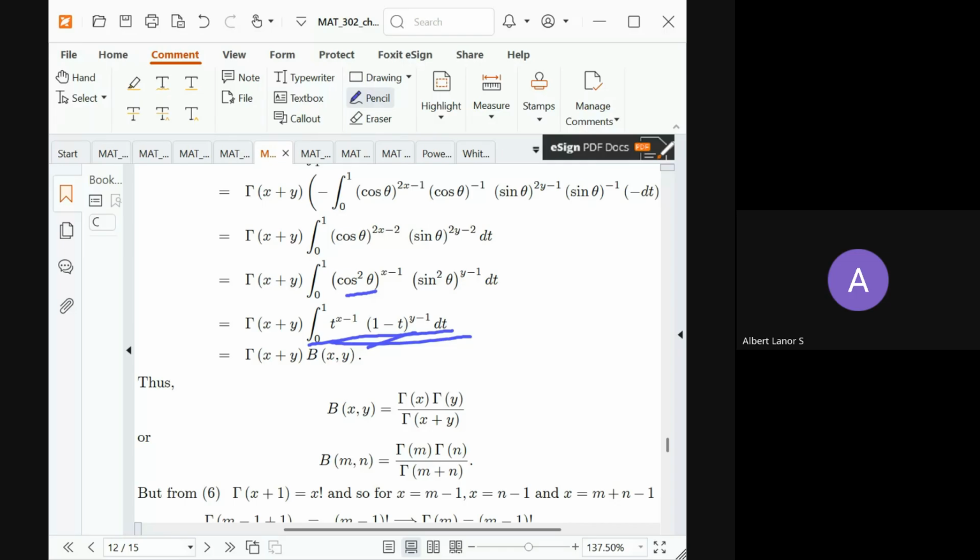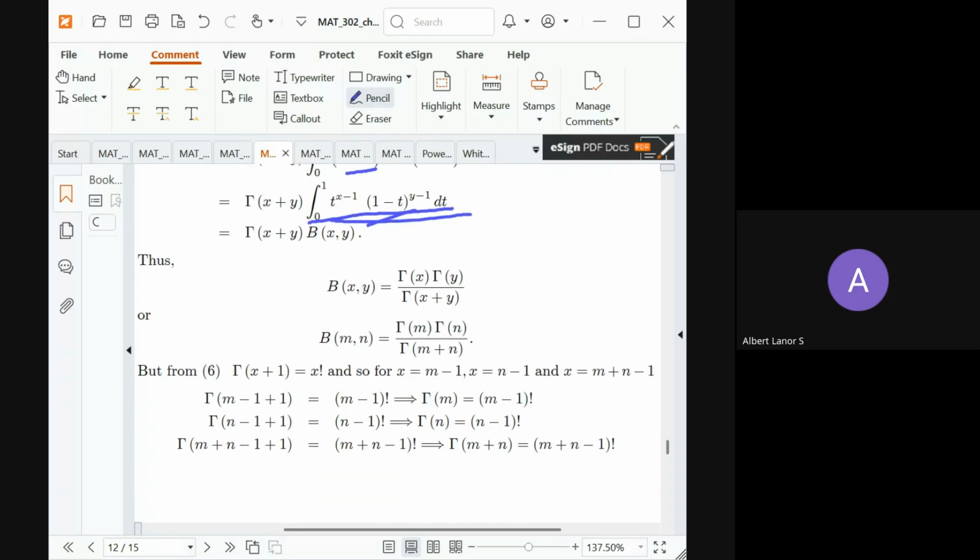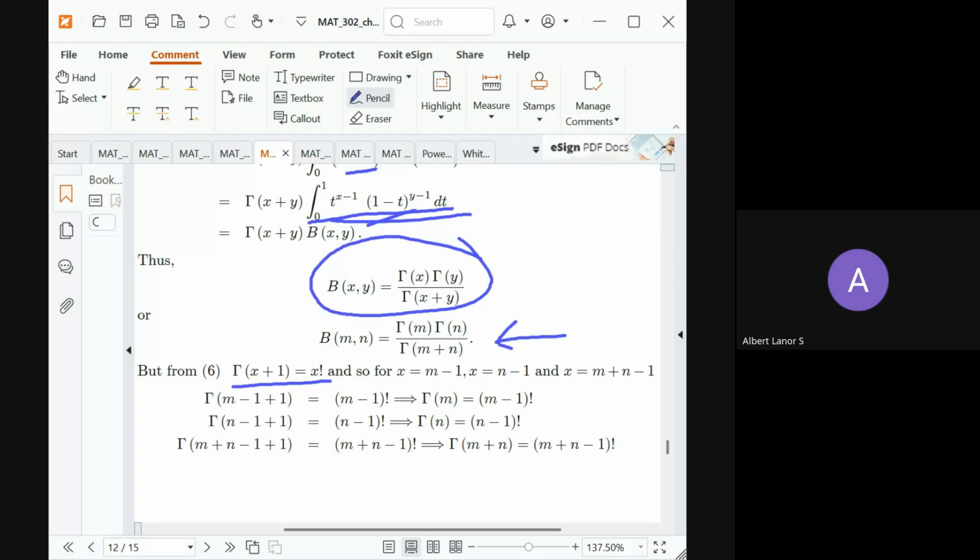So in general, the beta function of x, y is equal to gamma of x, gamma of y, divided by the gamma of the sum, or the beta of m, n is gamma of m times gamma of n divided by gamma of m plus n, where the standard definition is gamma of x plus 1 is equal to x factorial.